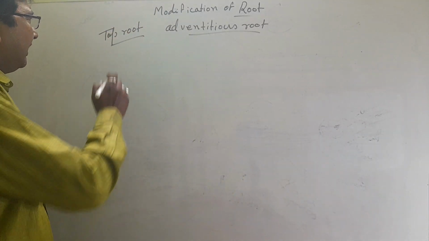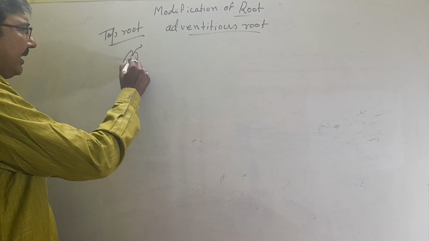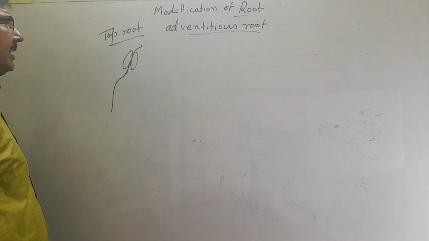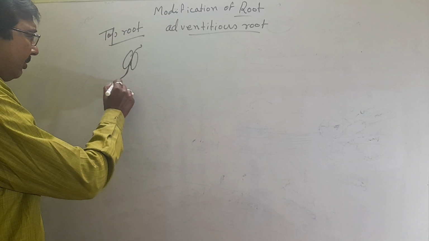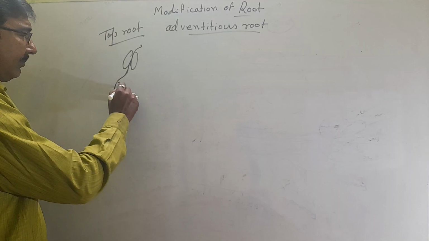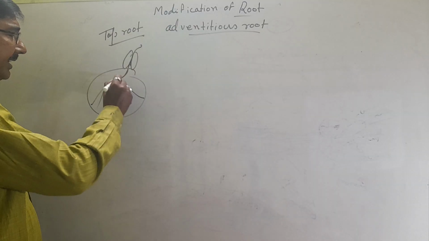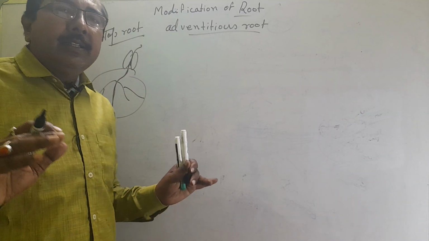Then modification. Taproot means during germination, there is the plumule and the radical. When the radical converts into root, this is the taproot. This is the primary root, and there are also some secondary and tertiary roots. Collectively, primary, secondary and tertiary roots are called taproot.